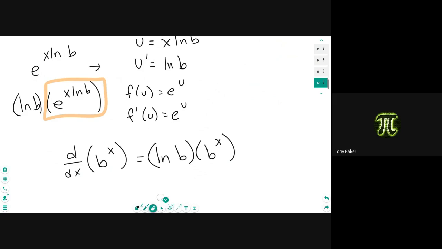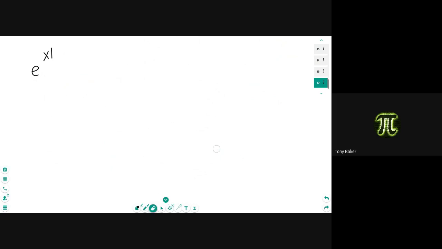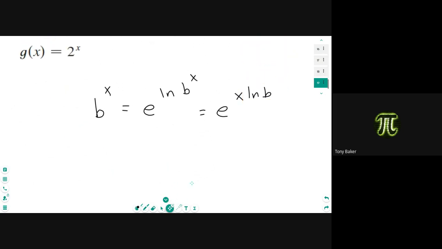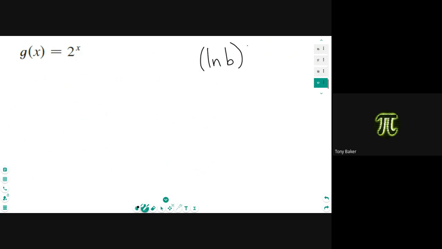So my original question was the derivative of 2 to the x, right? Based on the rule that we just found, if b is 2, the derivative is ln of 2 times 2 to the x.